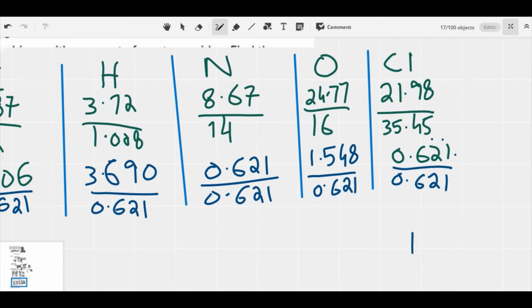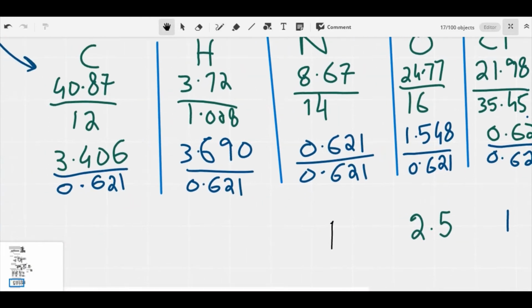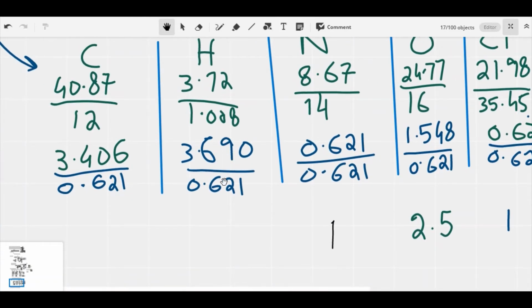When we divide, nitrogen gives 1, and oxygen, 1.548 divided by 0.621, gives 2.5. Chlorine is 1, hydrogen, 3.690 divided by 0.621, gives 6, and for carbon, 3.406 divided by 0.621 gives 5.5.